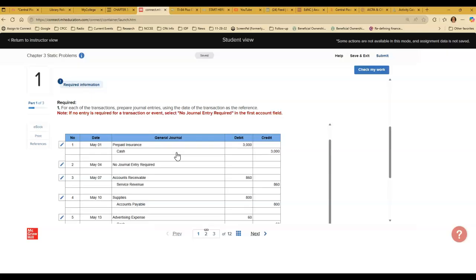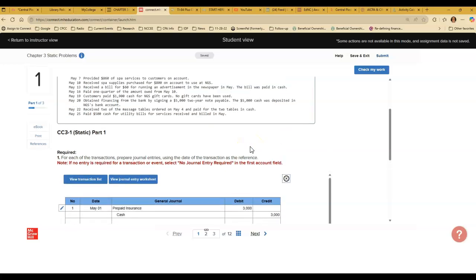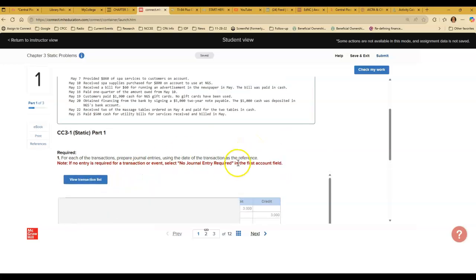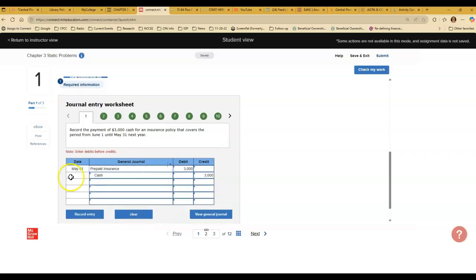What was the deal with that? It was prepaid insurance, an insurance policy that was all paid for in May. Let's see. No, I'm sorry, not 3 months. One whole year. Covers the period from June 1 till May 31.